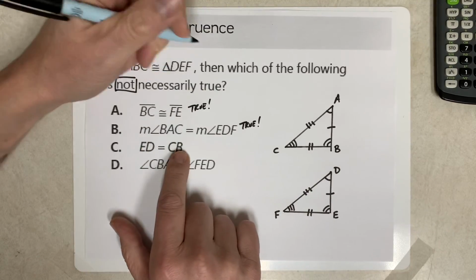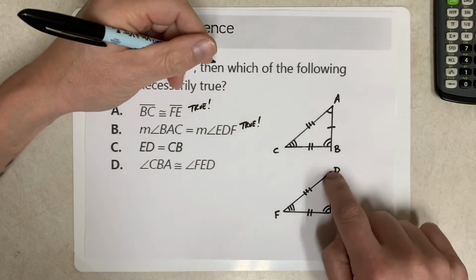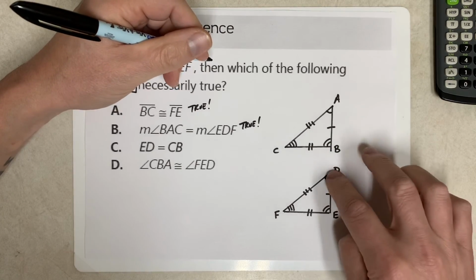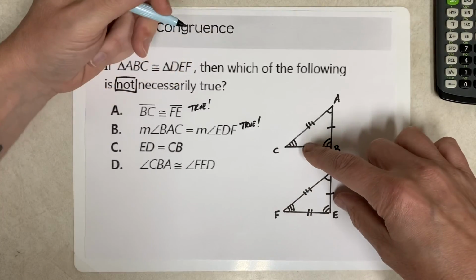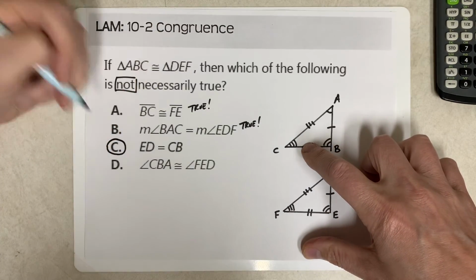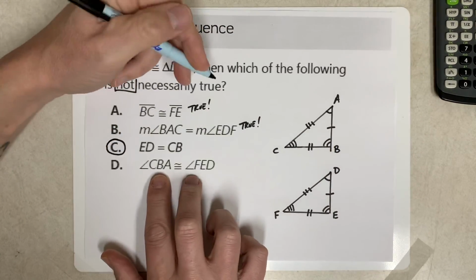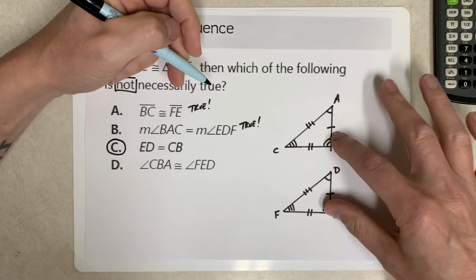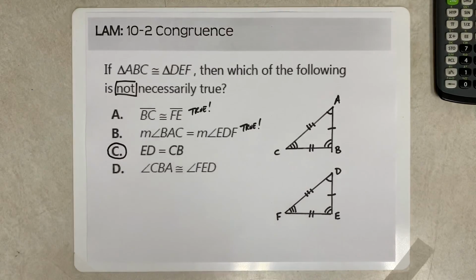Is ED equal to CB? ED, CB, okay, those don't match up. ED and CB are not necessarily true. So this one right now, I'm going with. Let's look at this one. CBA, FED. Nope, those two angles match up perfectly. So this one would be C for that one, not necessarily true.